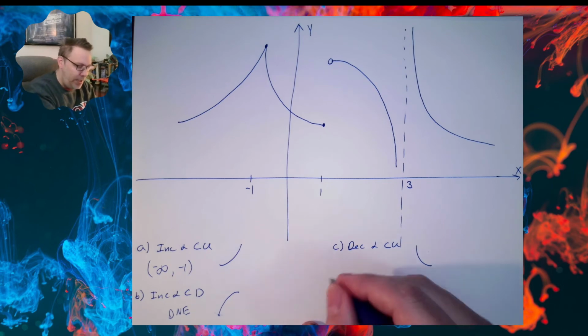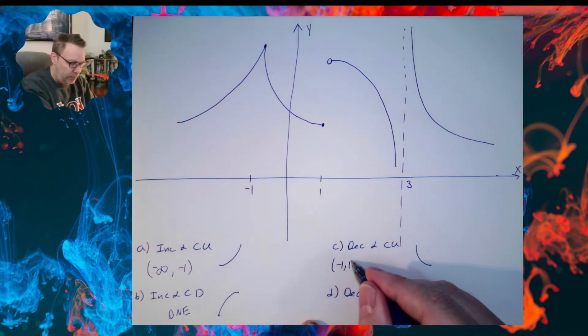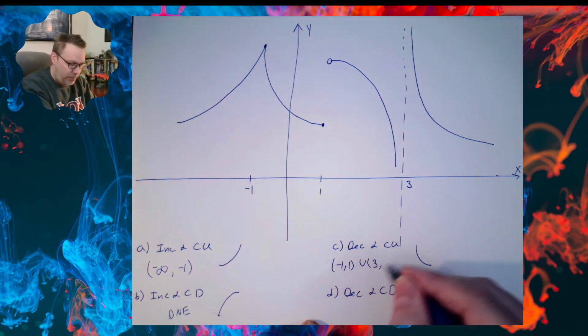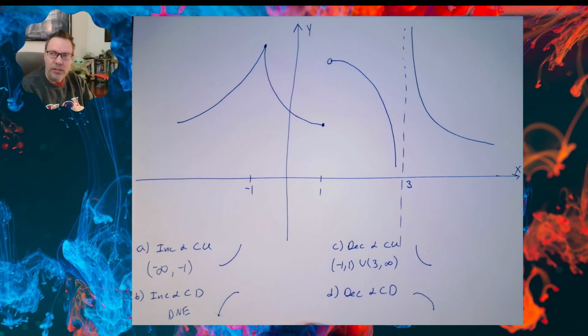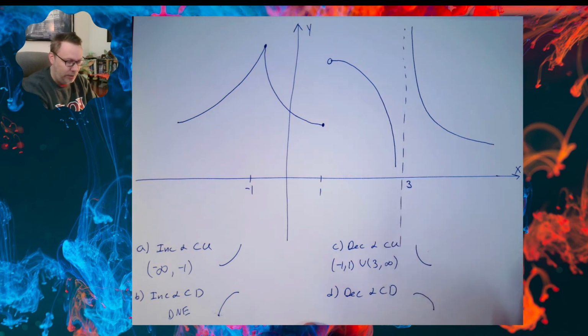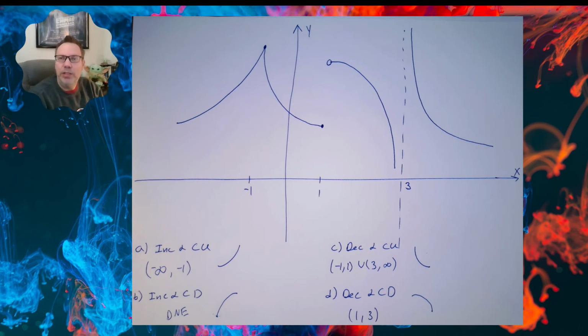So the way I'm going to write this is going to be -1 to 1 union 3 to infinity. This particular graph, I believe it's right here. And that's going to be from 1 to 3. I hope that solution was helpful.